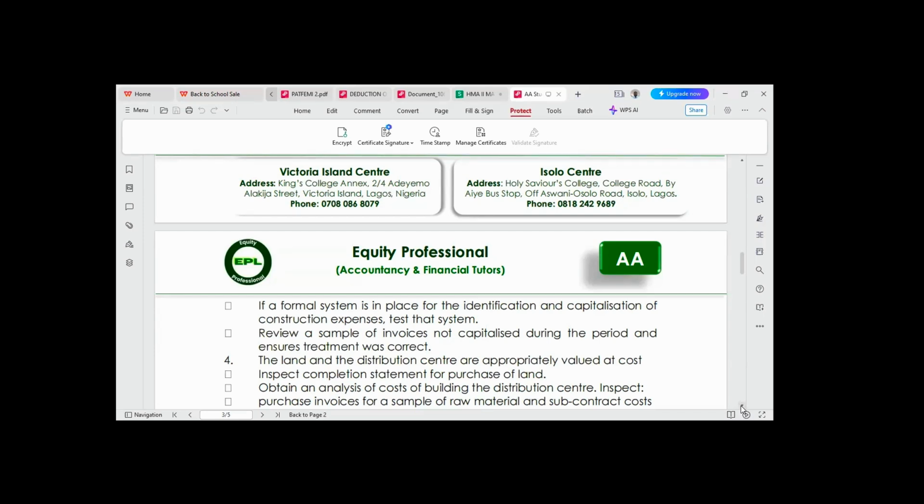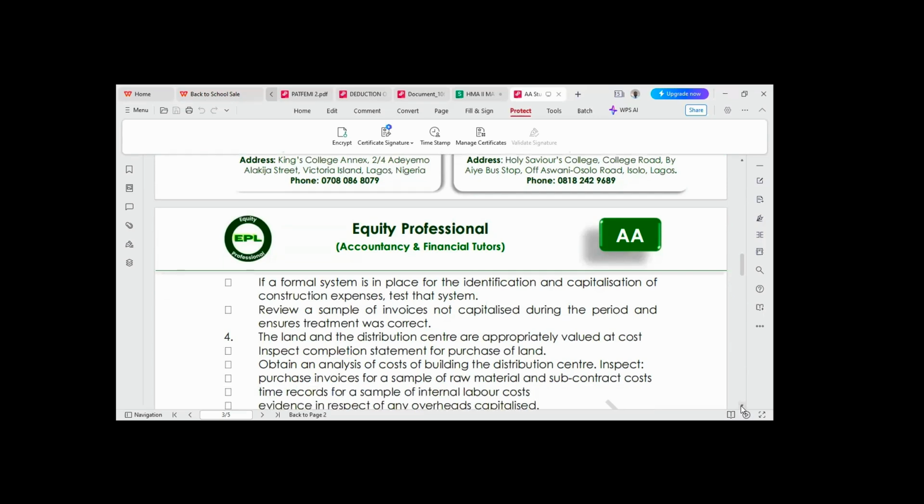Okay. Purchase invoices for a sample of raw materials and subcontract costs. All right. Time records for a sample of internal labor costs. You know, some people, when they use direct labor, they pay them daily. And for a company that is involved in that construction, the project supervisor or the building supervisor should have a what?